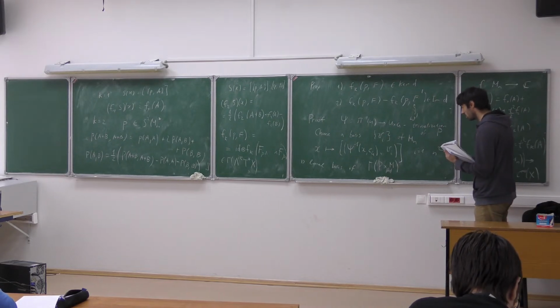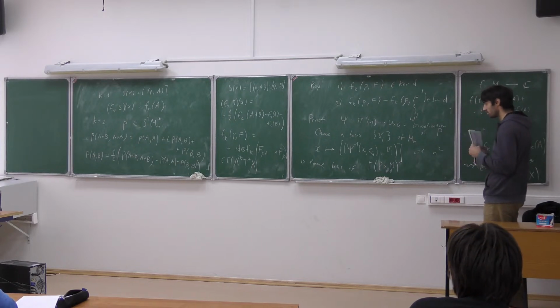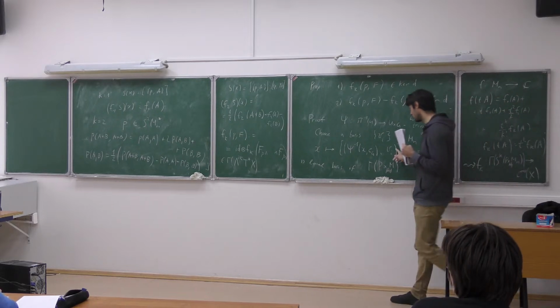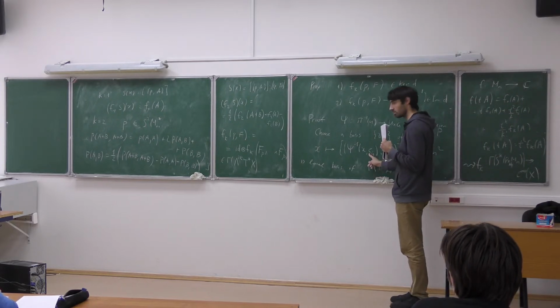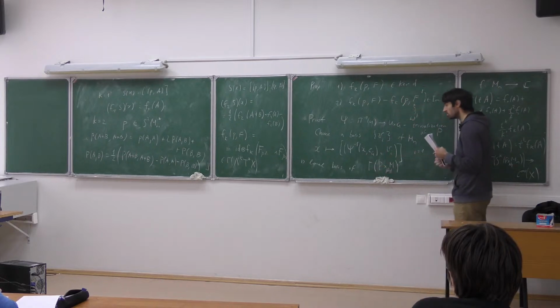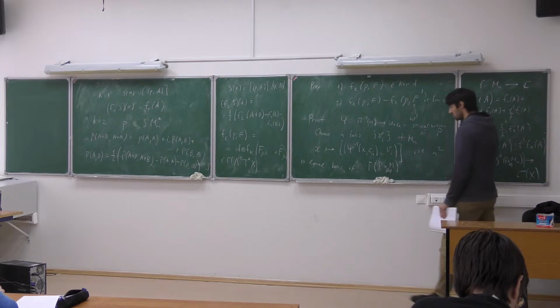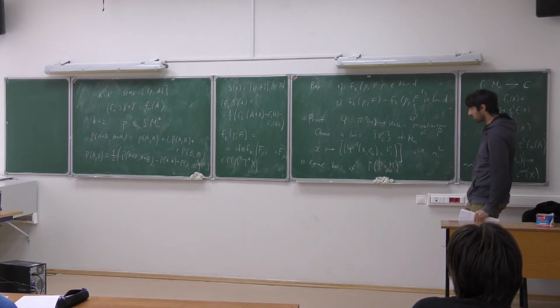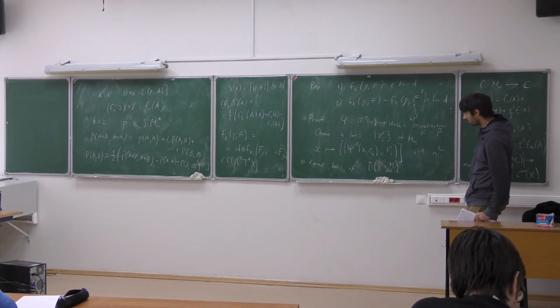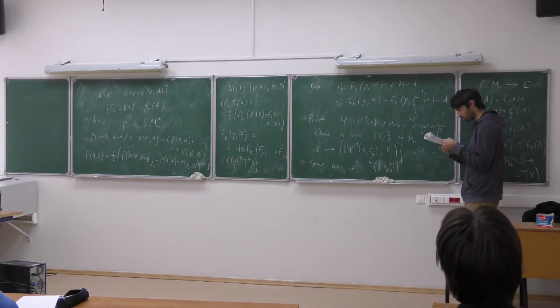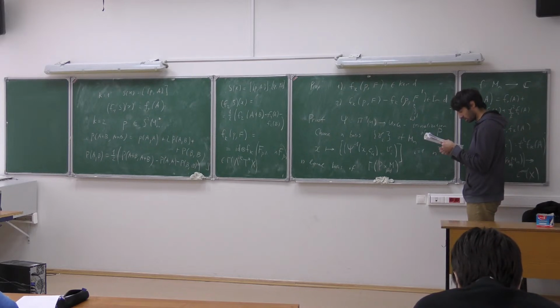But basically if you multiply by something in here, this element appears in here, D. Okay, so this is a local basis.